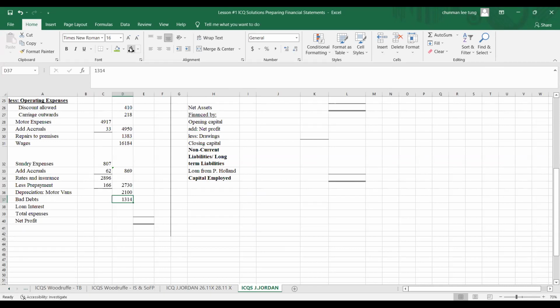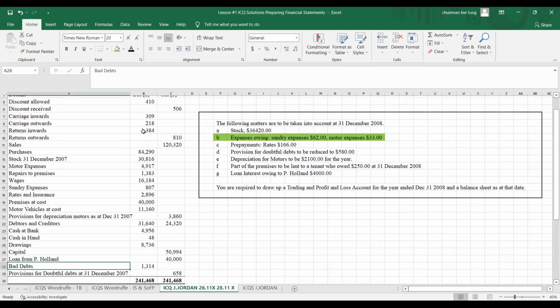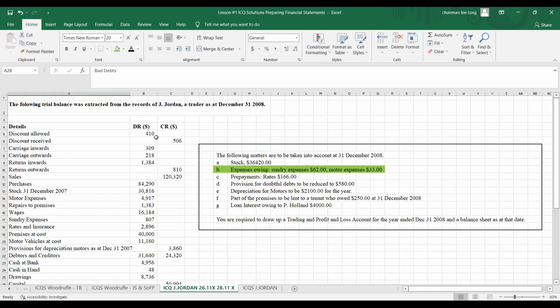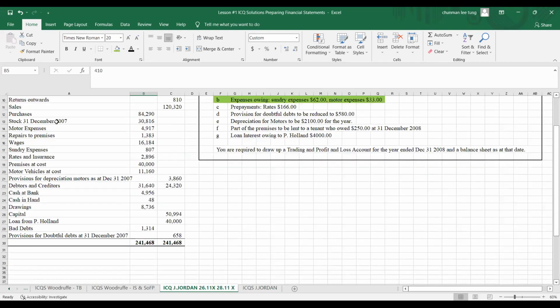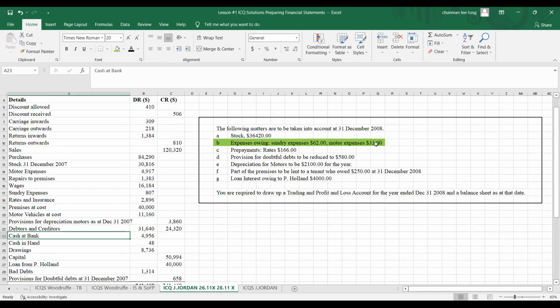Now, my question is, have we accounted for all our expenses? So if you all were doing what I told you all to do last 2 weeks, which is to tick off every item that you would have accounted for. If you're missing anything which is supposed to be in the profit and loss account, and you didn't include it, now is the time to include it.